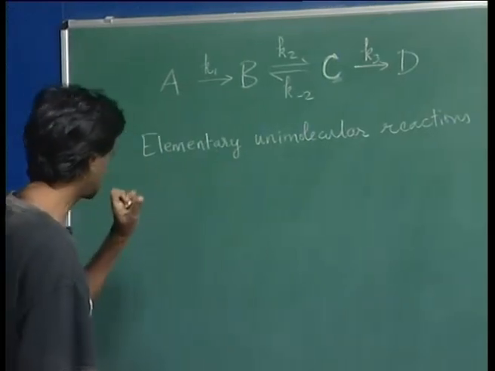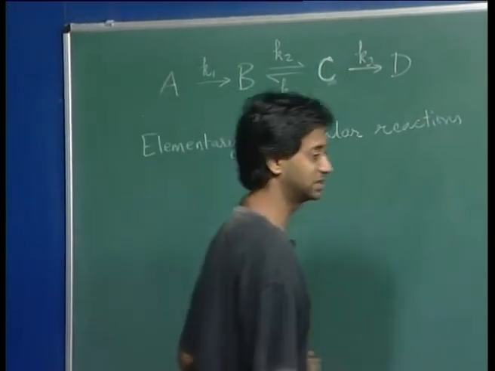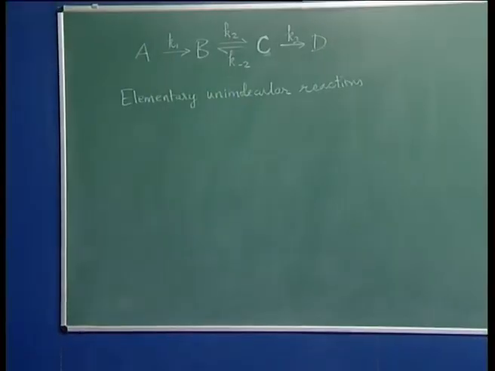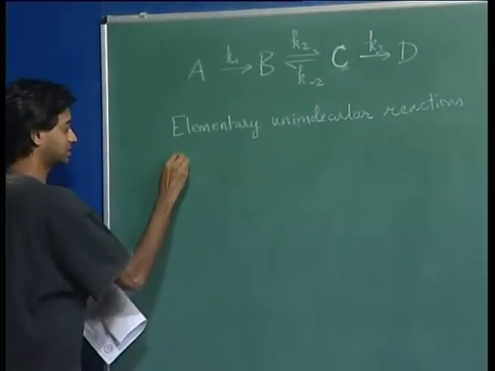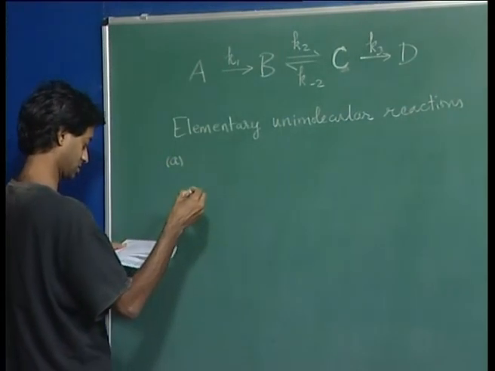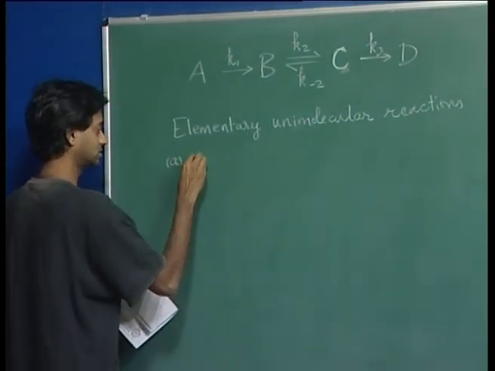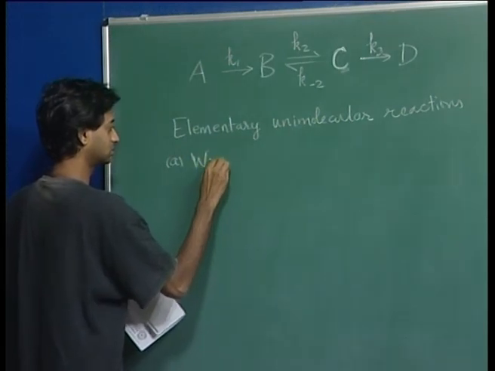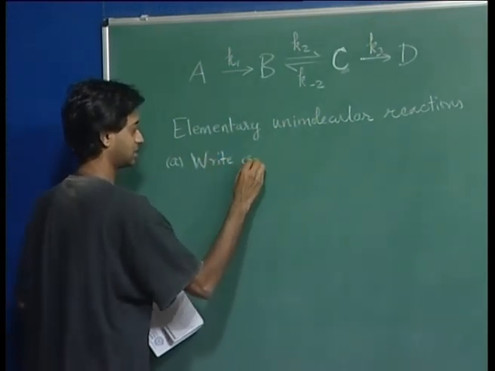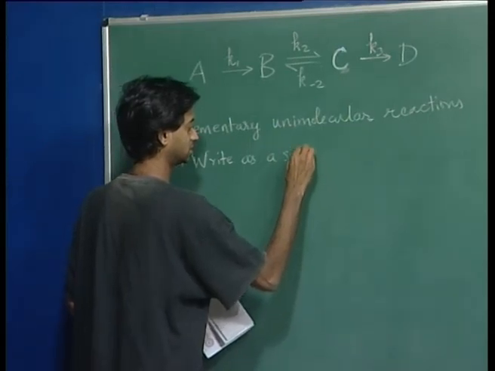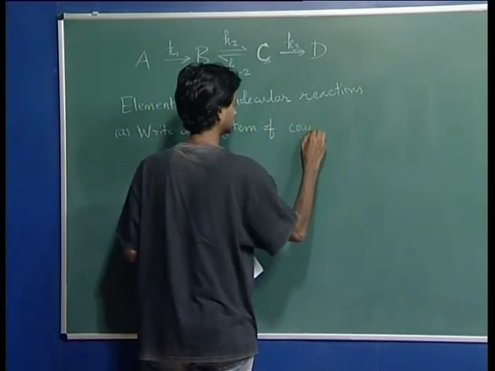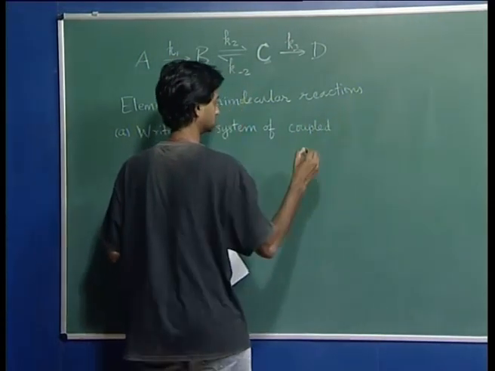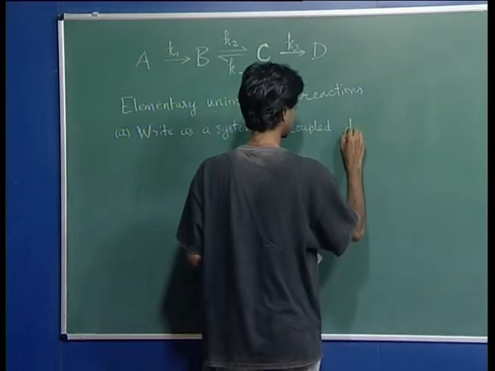Okay. Now I'll just go through the statement of the entire problem, and then we'll try to work out the solution. So the first part is: write as a system of coupled differential equations.